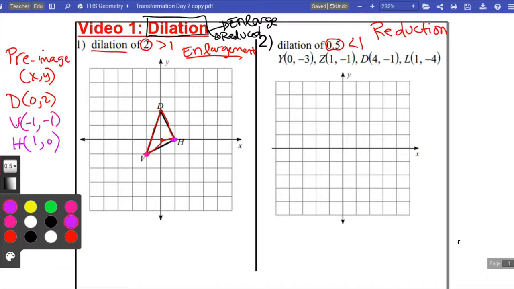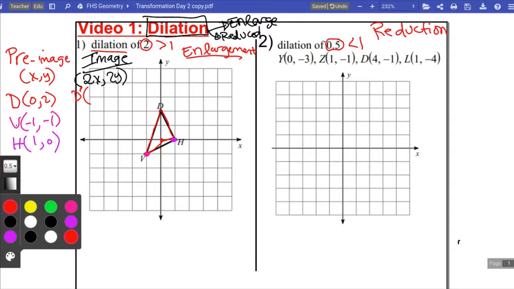All right, so now let's do the dilation. They want me to dilate this by a scale factor, so I'm gonna call this the image. I'm about to write the image. The image means you're gonna multiply the x by 2. You're also gonna multiply the y by 2. That's what it means. So let's write this new thing. The old D, now I'm gonna write D prime.